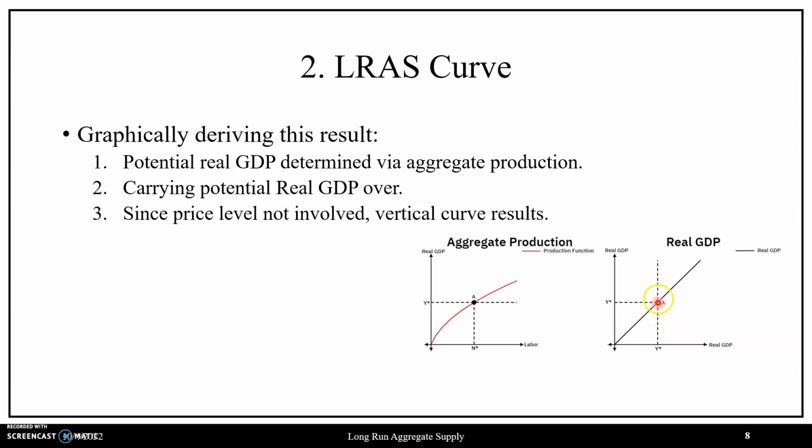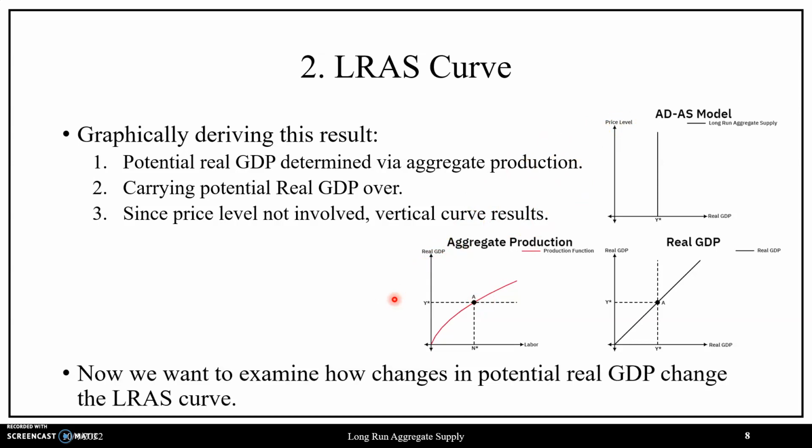Now, moving vertically, we intersect the horizontal axis of our ADAS model with real GDP as needed, where this then generates our vertical curve representing potential real GDP via our long-run aggregate supply curve. Once again this is vertical, given that potential real GDP determined in our aggregate production function does not concern itself with the price level, instead with the labor force of an economy and the productivity of that labor force.